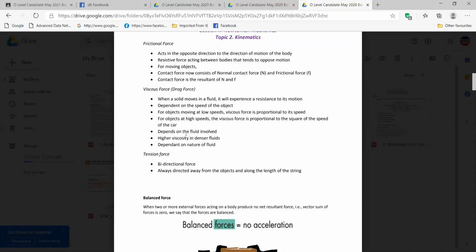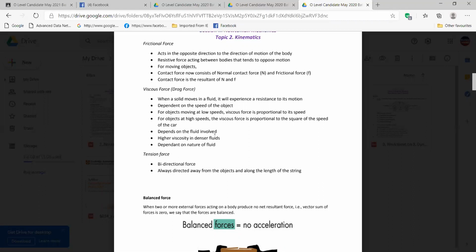Then it depends on the fluid involved. Some fluids have more density, so there will be more viscous force. Like if you are dropping one steel ball in water, the steel ball will face some viscous force, but if you are dropping it in honey, a denser one, then it will face more viscous force, right?